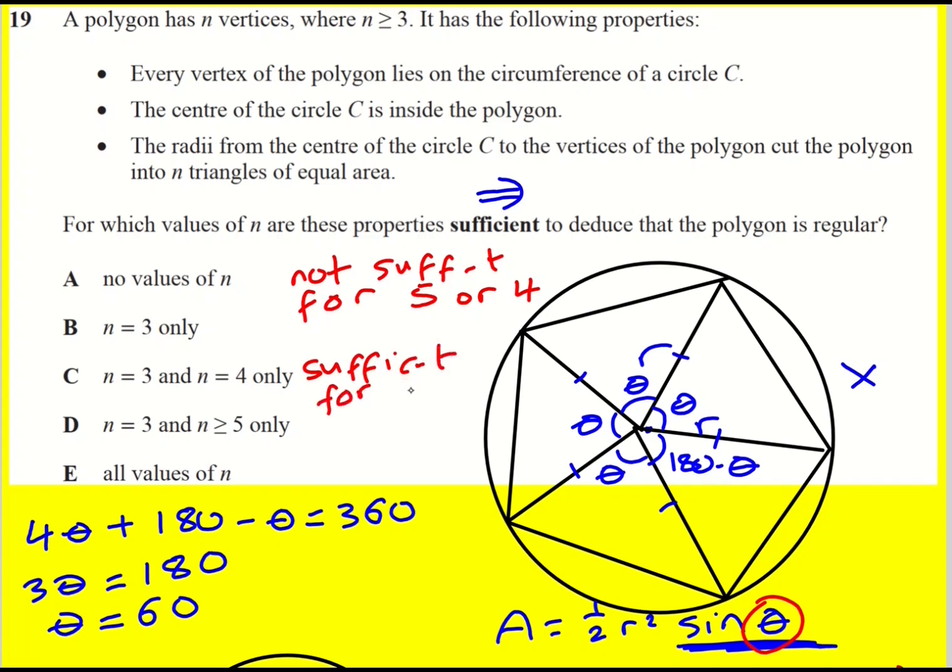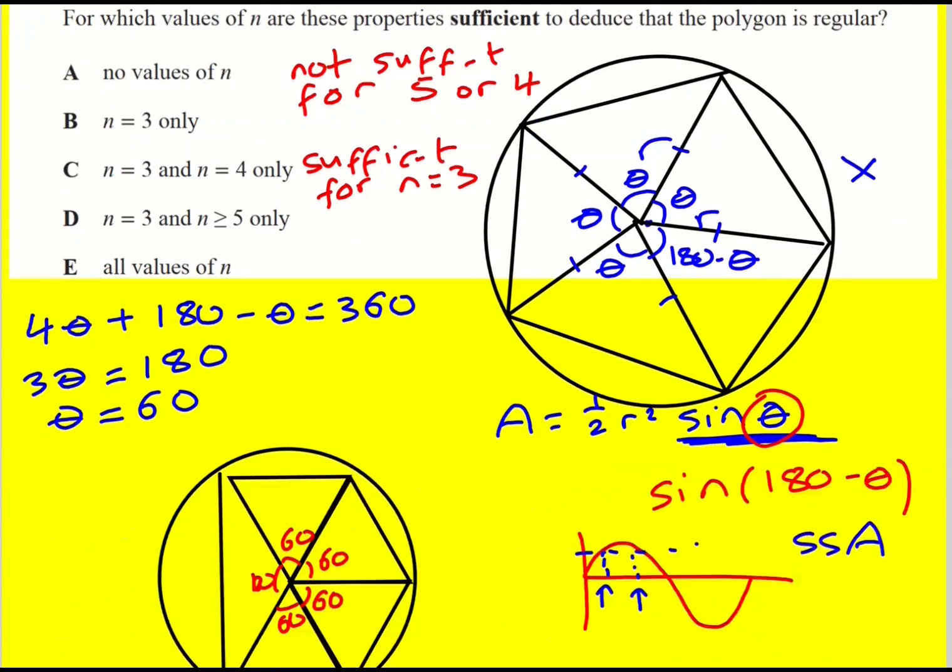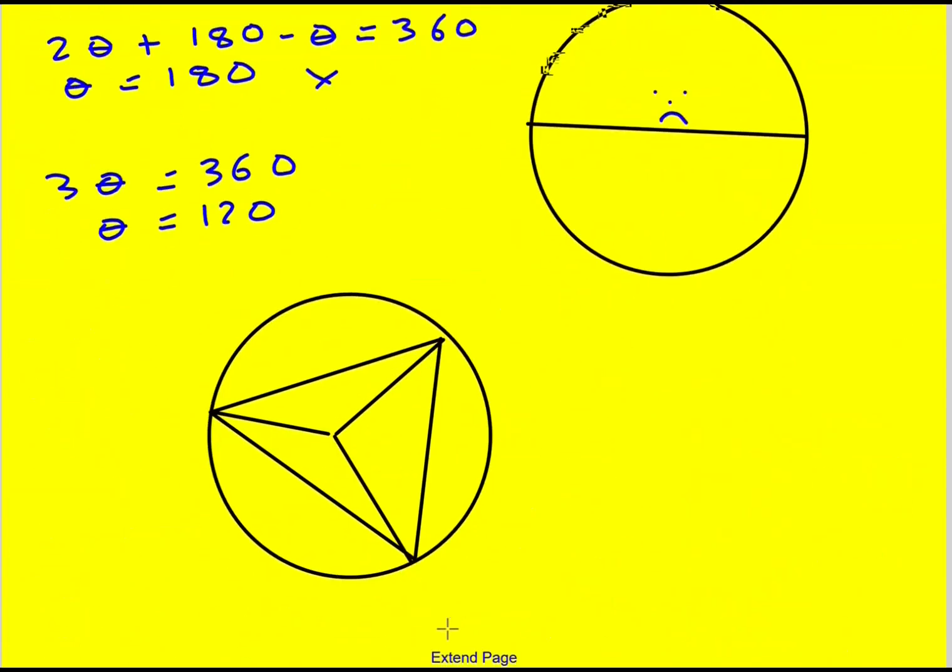Sufficient for n equals 3. So we've shown that it's sufficient for n equals 3, not for 5 or 4. We've not yet shown whether it's sufficient for n greater than 5. We're going to have to look into that.